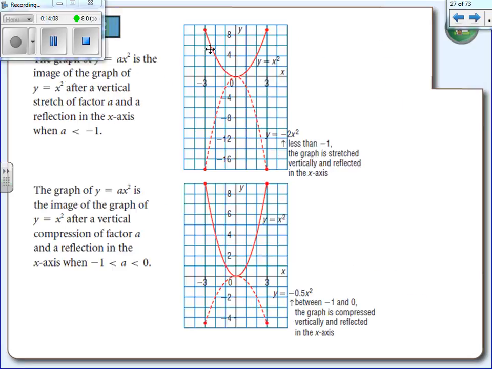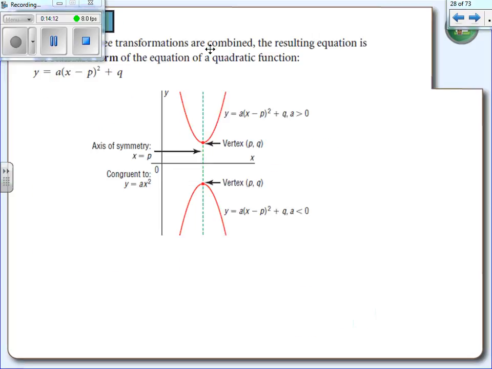Okay, we've learned 3 different transformations. We call those letters A, P, and Q. We can combine them all and write them like this, and this is called standard form.